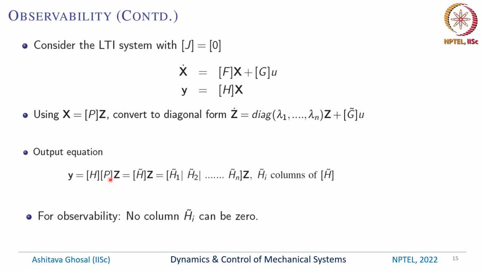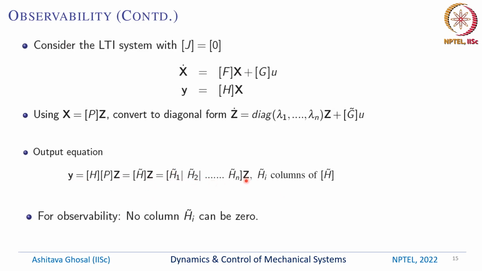So what you can clearly see is that for observability, no column of this can be 0. Why? Because the first column is multiplied by z1, the second column by z2. So y is h1 tilde into z1 plus h2 tilde into z2 and so on.